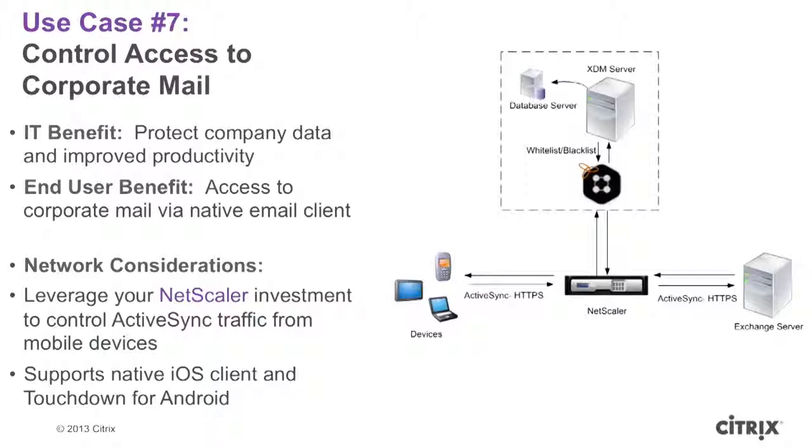And the main difference, just to give you a summary between this use case and our email mobile client, is email mobile client will actually provide you with encryption for the body of the email as well as any attachments, right? Whereas this is just controlling access or rights to access Exchange, and get your corporate email synced to your mobile device.